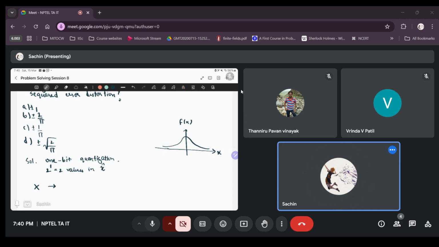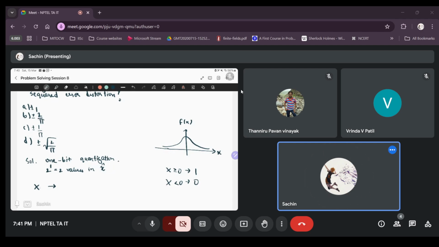So that is to say, since it's one bit, suppose for all values of x greater than or equal to 0, I assign a code word 1, and for all negative values, I assign the code word 0. So this is 1 bit.